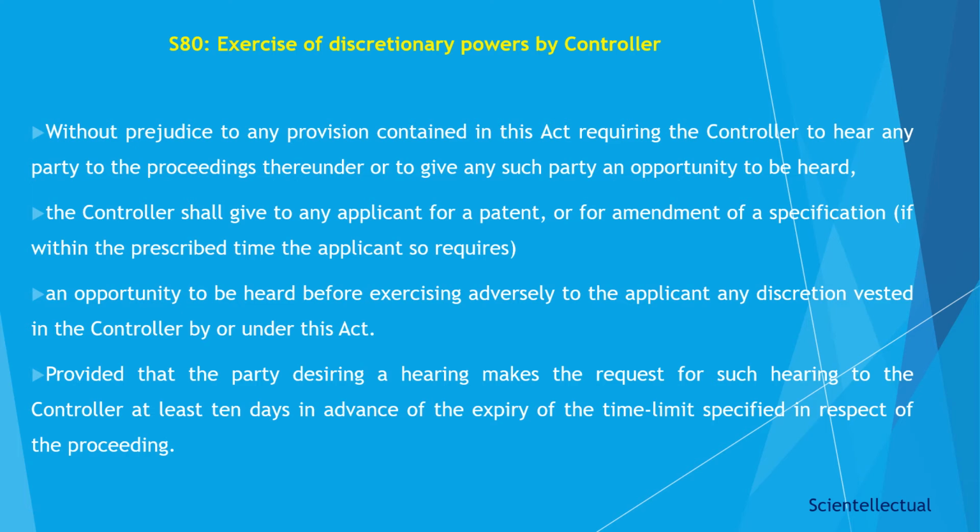Exercise of discretionary power by controller. Without prejudice to any provision in this Act requiring the controller to hear any party to the proceedings or to give any such party an opportunity to be heard, that is the hearing procedure, the controller shall give to any applicant for a patent or for amendment of specification an opportunity to be heard before exercising adversely to the applicant any discretion vested in the controller by or under this Act, provided that the party desiring a hearing makes the request of such hearing to the controller at least 10 days in advance of the expiry of the time limit specified in respect of the proceeding.